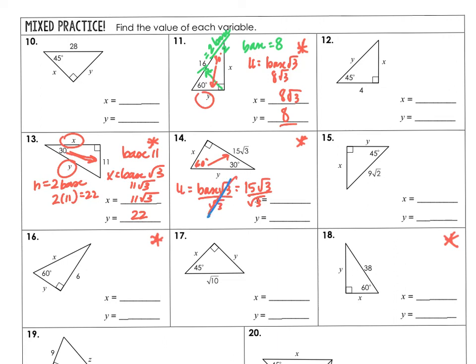That cancels out the root 3 on both sides, so our base is 15. Now, we need to know if x or y is our base. Our base is always across from the 30-degree angle, so x is our base, so x is 15. Once you know your base, you can find your hypotenuse, which is y. So y is 2 times the base, which is 2 times 15, which is 30.